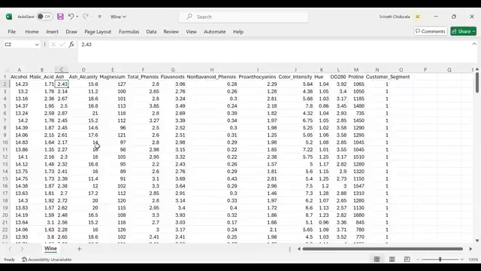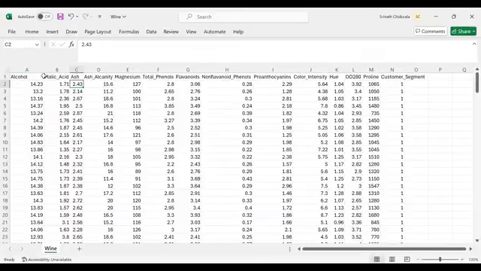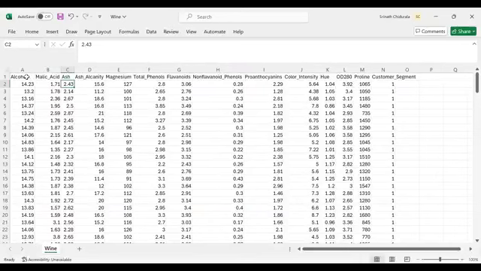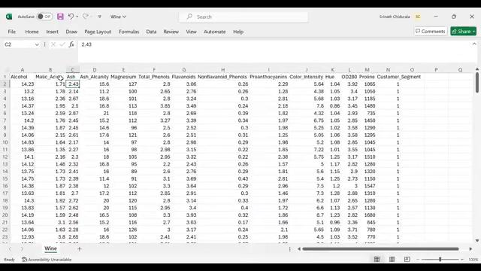It is all about, basically, we are talking about the composition of a particular wine, right? So definitely, if there is a high concentration of any particular component, it would impact the other components.